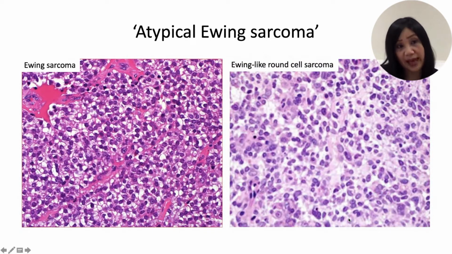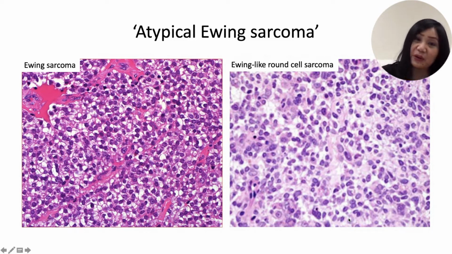So we can compare conventional Ewing sarcoma on the left and a Ewing-like round cell sarcoma on the right. And I know these differences are subtle, but we can see on the right, these cells, yes, are essentially round cells, small round cells, but there is variable stromal component with myxoid to myxocollagenous stroma. The cells show at least focal mild atypia and more cytoplasm.